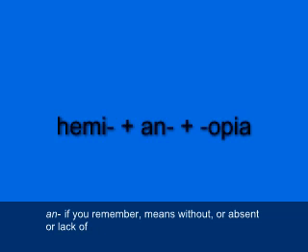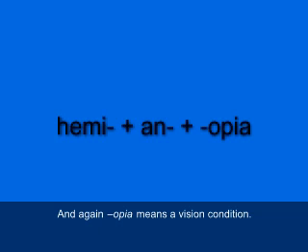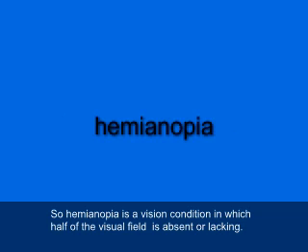An, if you remember, means without or absent or lack of. And again, opia is a vision condition. So hemianopia is a vision condition in which half of the visual field is absent or lacking. So basically, this is blindness in one half of the visual field.